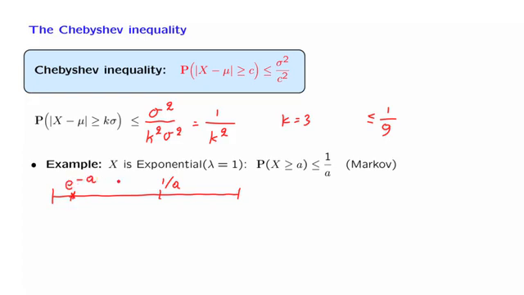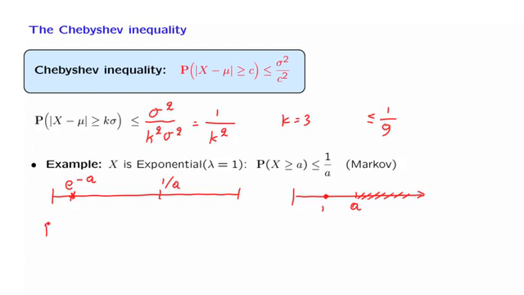Let us see what we can get using the Chebyshev inequality. Now, our random variable has a mean of 1. Let us assume that a is bigger than 1, so that we're considering an event that we fall far away from the mean by a distance of at least a minus 1.